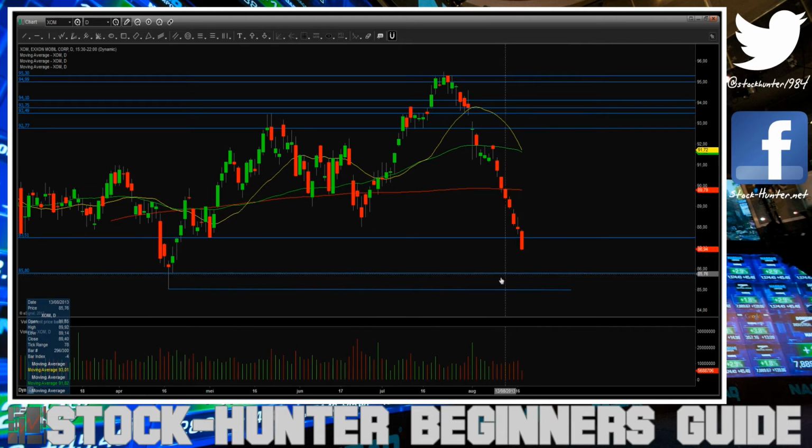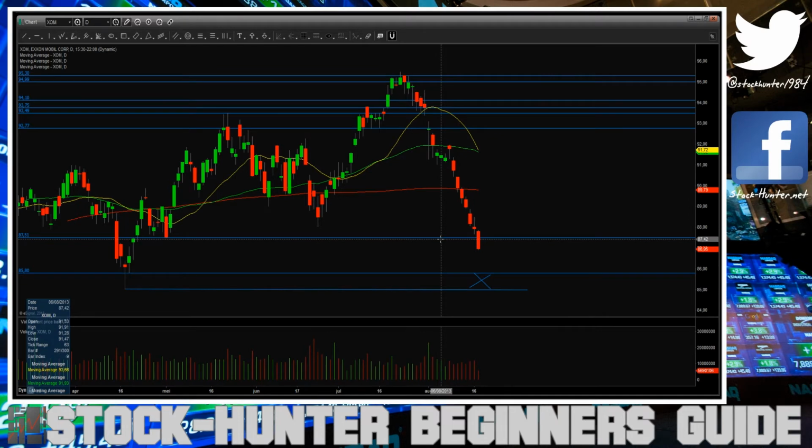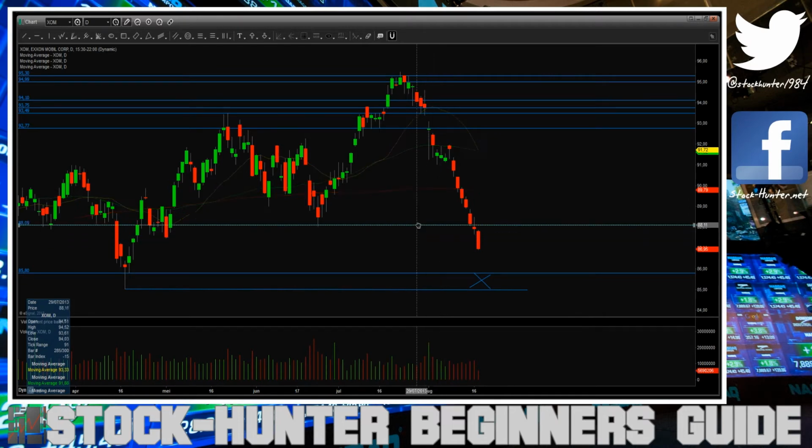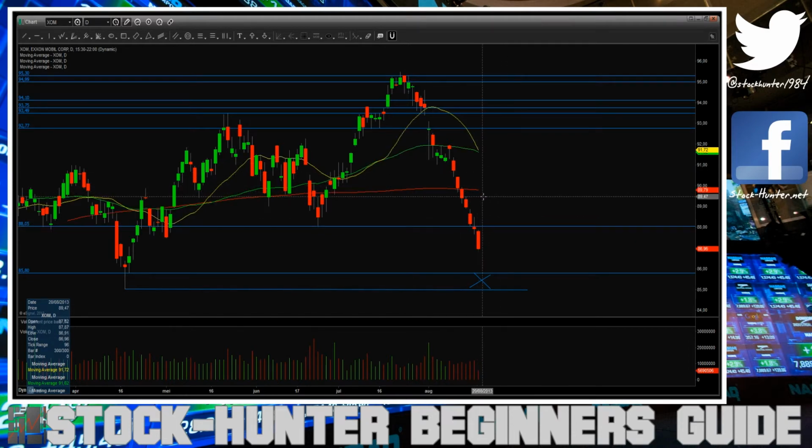I'm still looking to pick up a small long position in this general area. Now if we can get any bounce into ExxonMobil the coming days, this will be my first resistance at 88.05, and then it will be the 200 moving average as my next target.